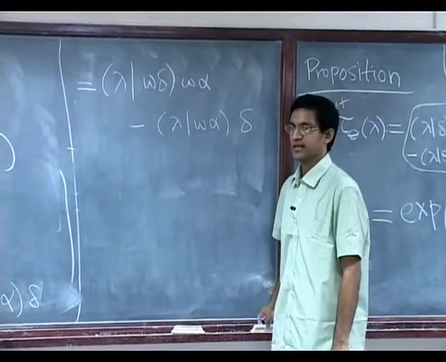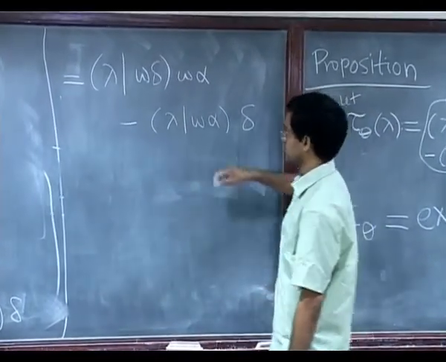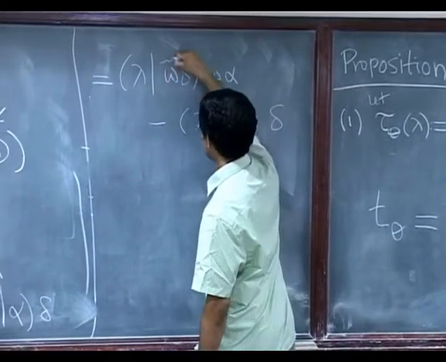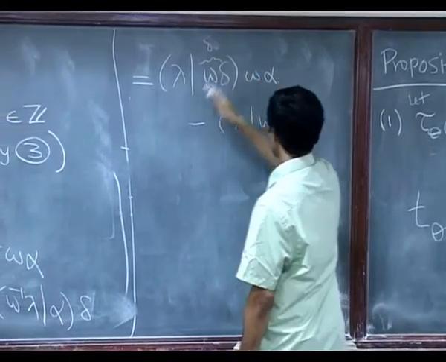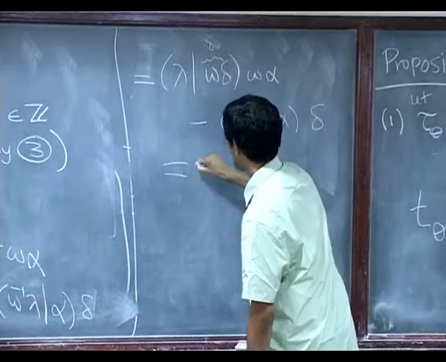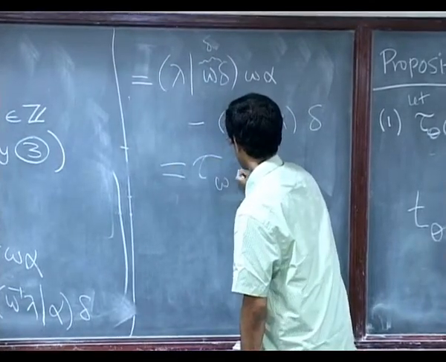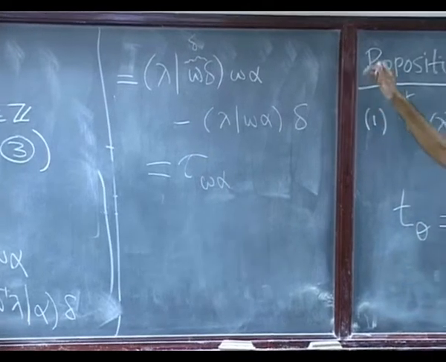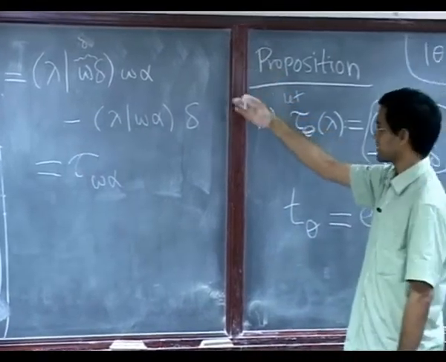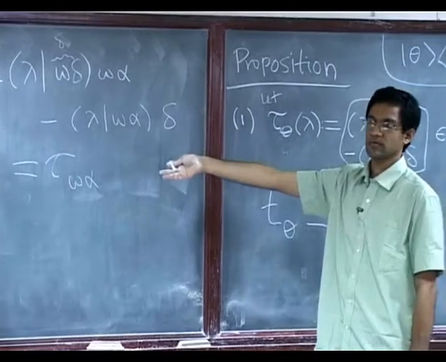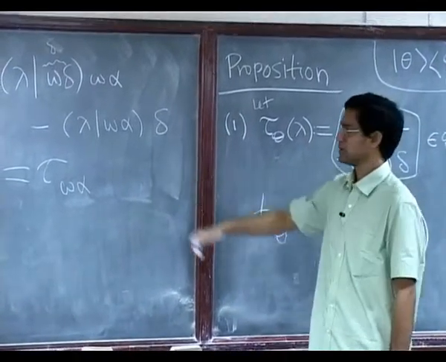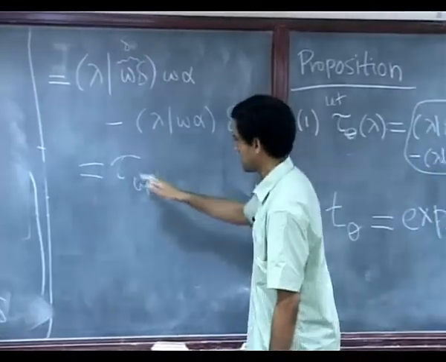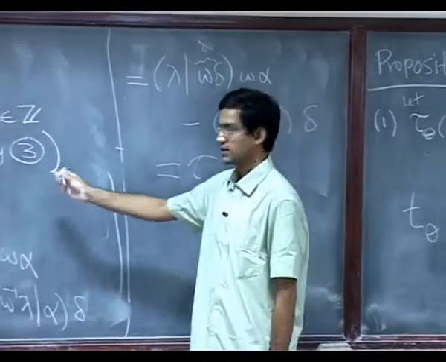Delta is fixed, as we observed, by every element of the Weyl group. So that's exactly the formula for tau W alpha: lambda delta times W alpha minus lambda W alpha times delta. So the conjugation of tau alpha is just tau of W alpha.